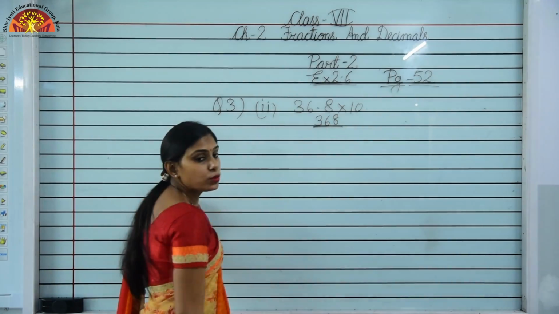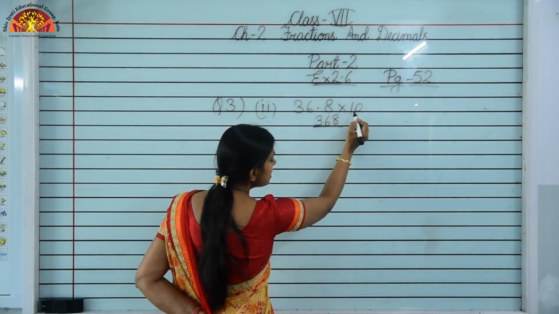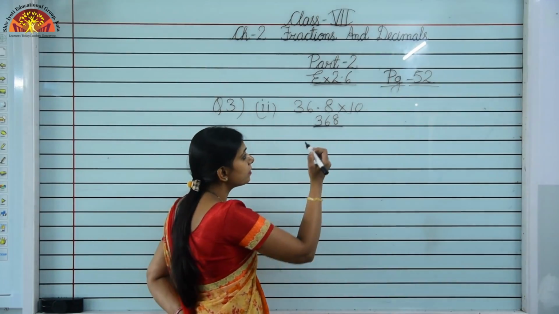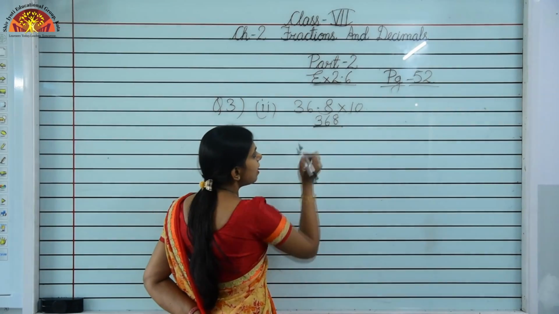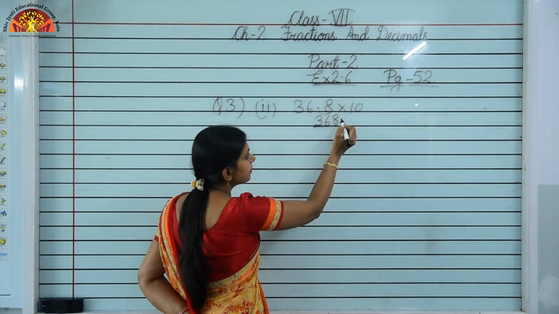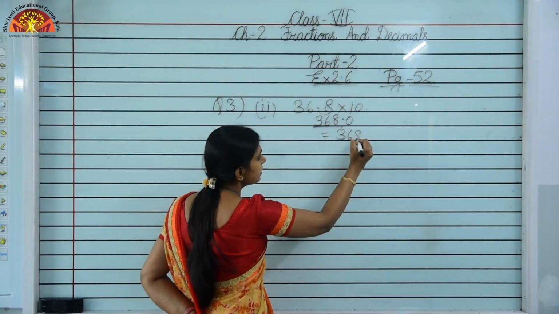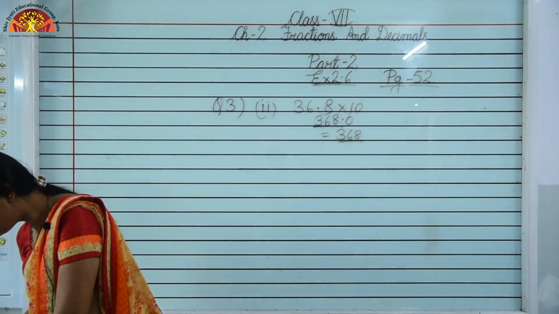Earlier the decimal was here. Now since we are multiplying by 10, it will shift one place forward, that is after 8. So 36.8 will become 368.0, that is 368. Got it?